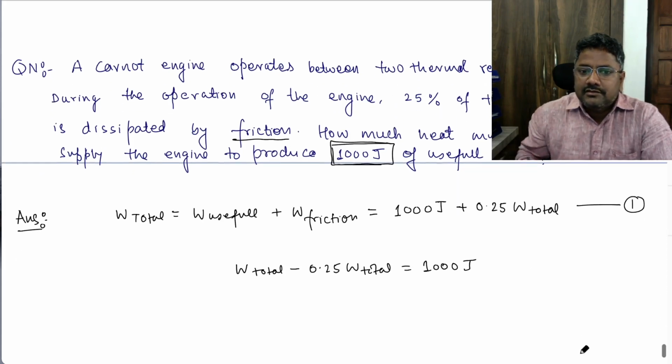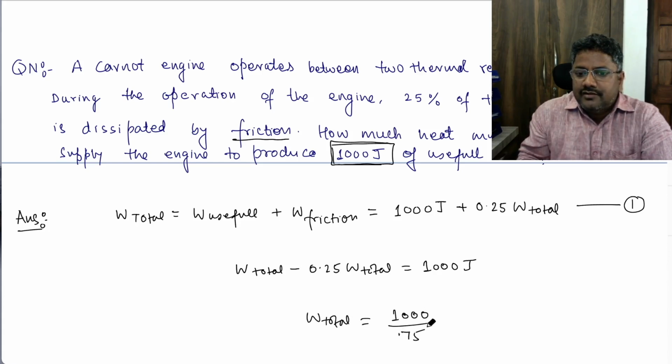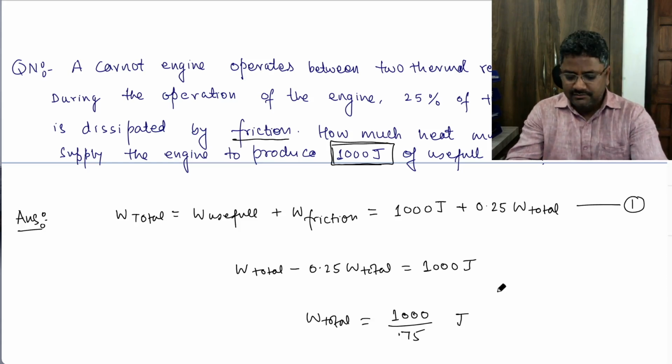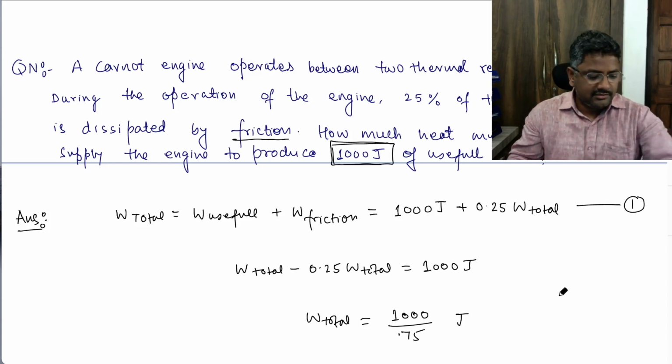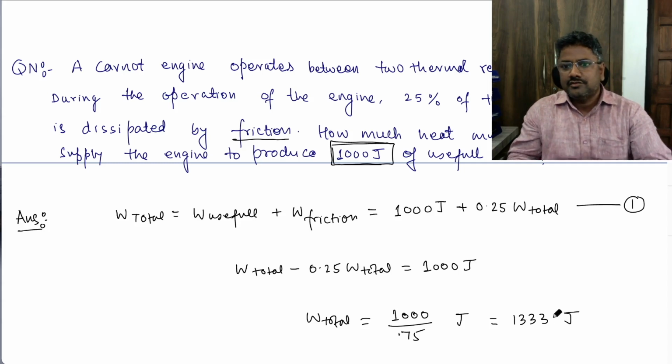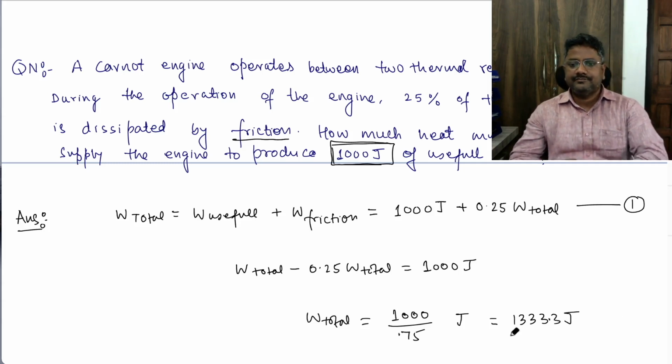So from here we can write 0.75 W total is equal to 1000 by 0.75 joules. So total heat energy, total work, is 1000 divided by 0.75, so this is 1333.3 joules, right?